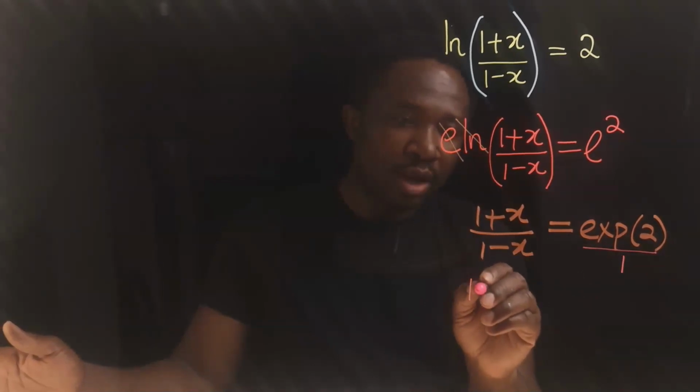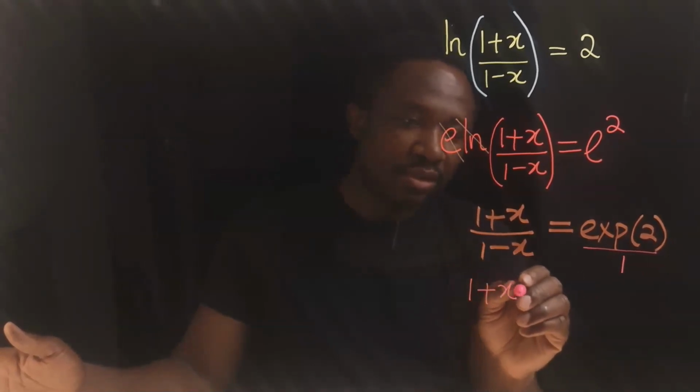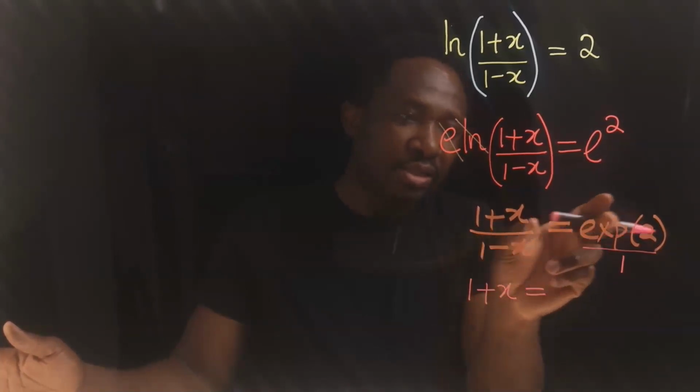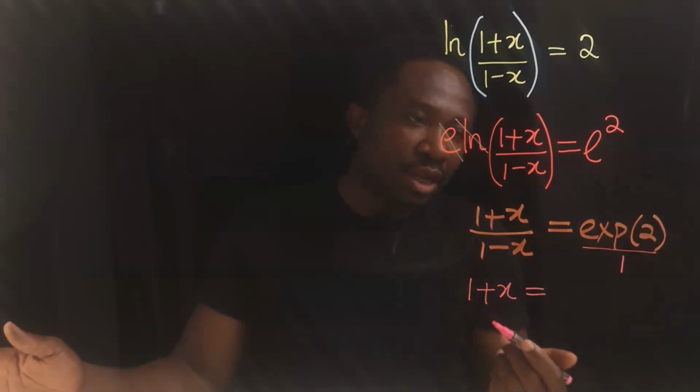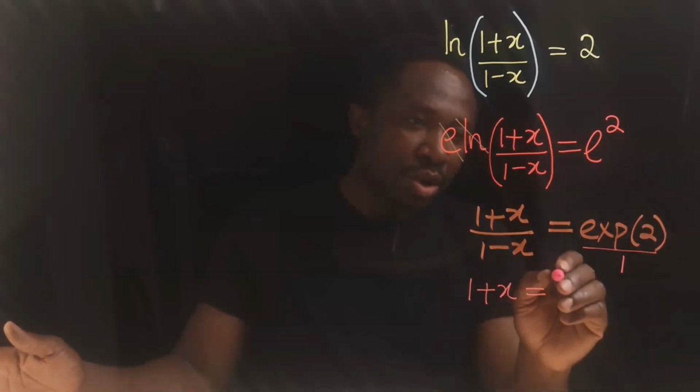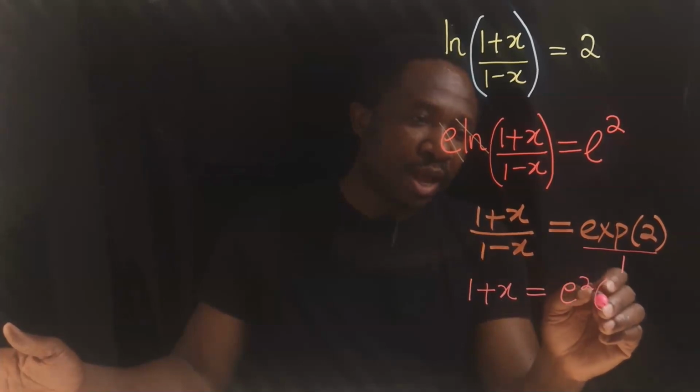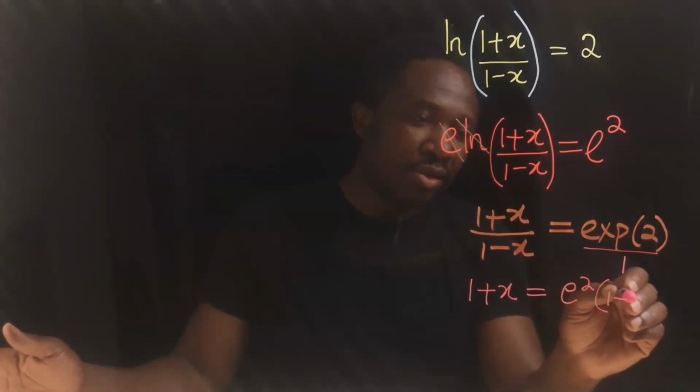We're going to have 1 plus x, and 1 minus x will multiply exponential 2. We're going to have exponential 2 multiply 1 minus x.